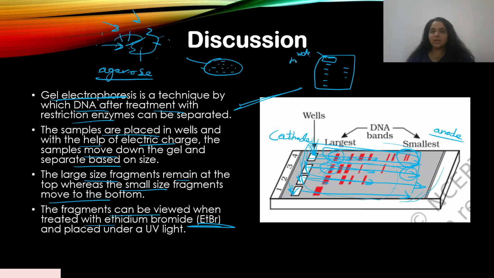This is a marker of different base lengths, and you have your sample, which will have different sizes, as in different lengths of the fragments that have been separated. You can compare it with the marker and see where your sample lies. So that's how it works.